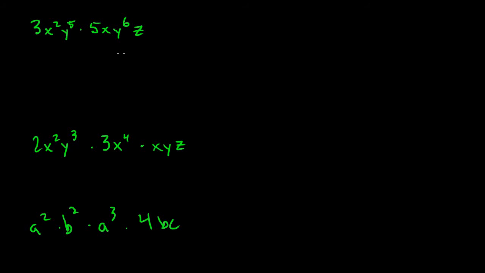Let's see another example. 3x squared y to the fifth times 5x y to the sixth z can be rearranged if we put the 3 and the 5 next to each other, the x squared and the x next to each other, the y's next to each other, and the z.